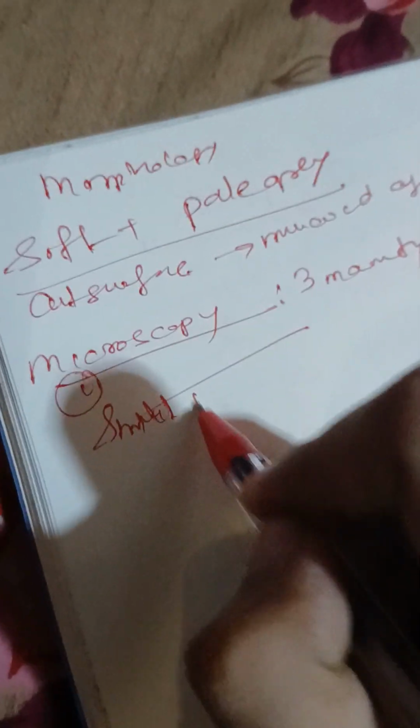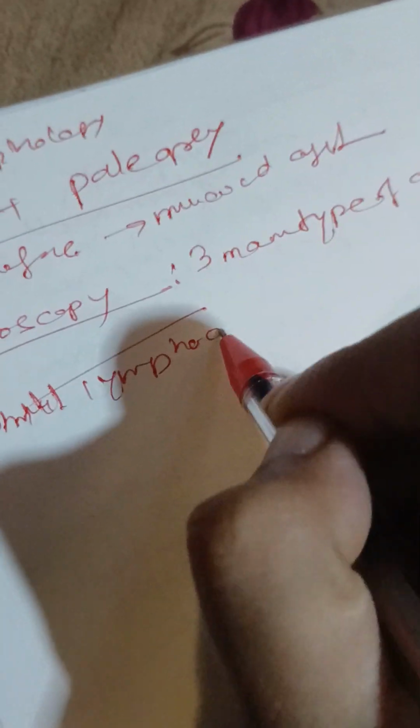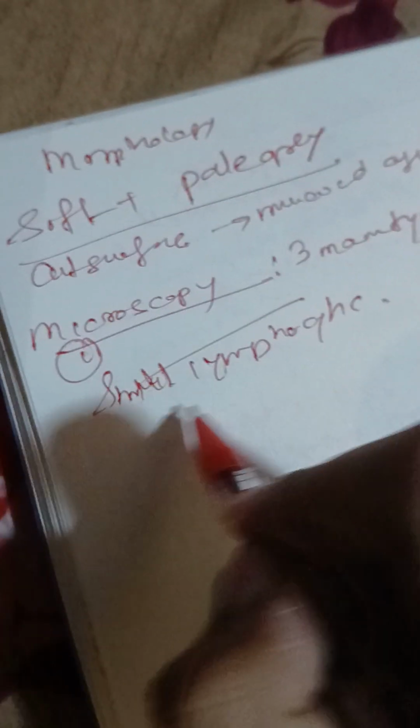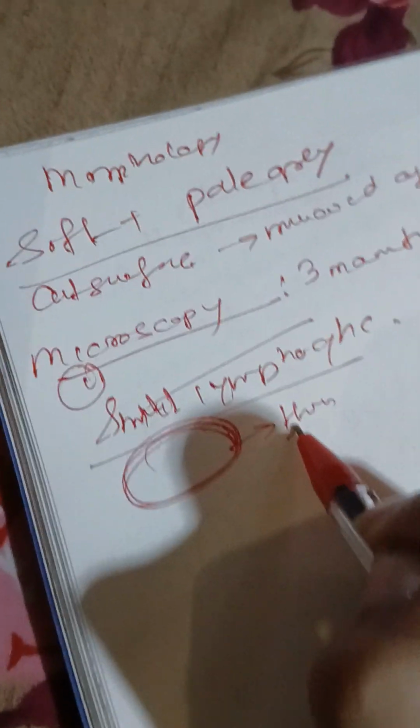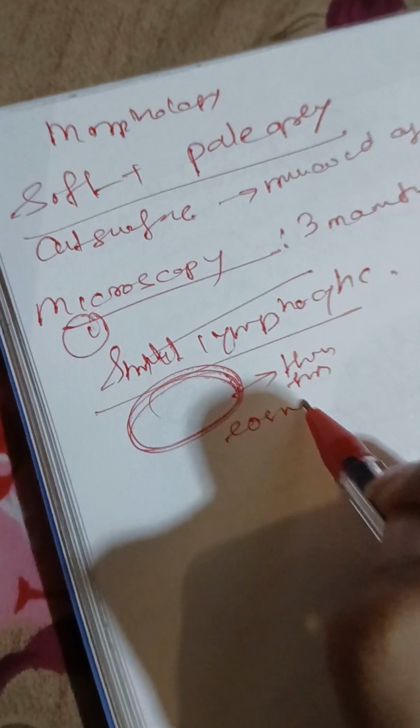Microscopy depends upon three main types of cells. First is the small lymphocytic cell, which has a thin rim of eosinophilic cytoplasm.